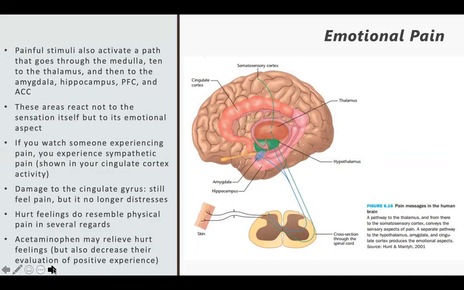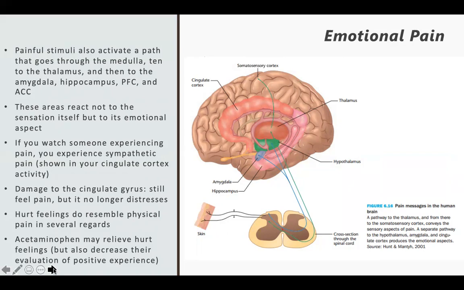These areas react not to the sensation itself, but to its emotional aspect. So for example, if you watch someone, especially someone you care about, experiencing pain, you experience sympathetic pain that shows up as activity in your cingulate cortex and the other cortical areas.